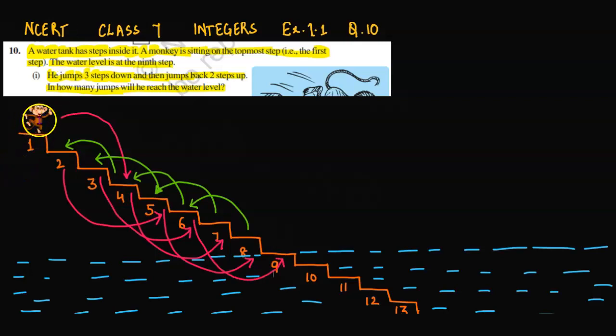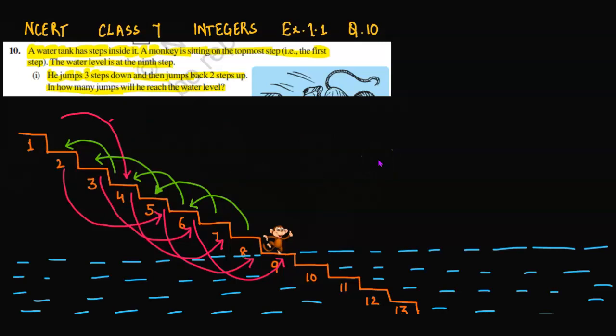So now our monkey has reached the 9th step and he is not going to jump upwards now. So he will drink water and let's see how many jumps did he make.